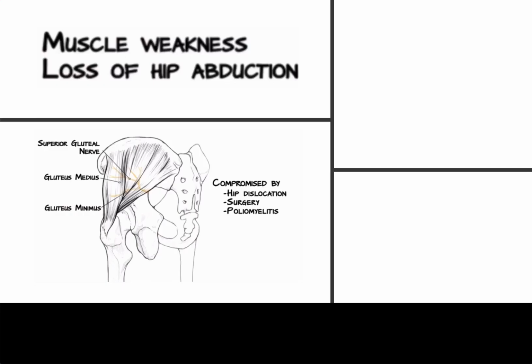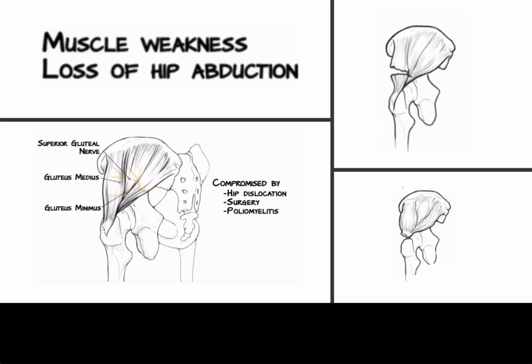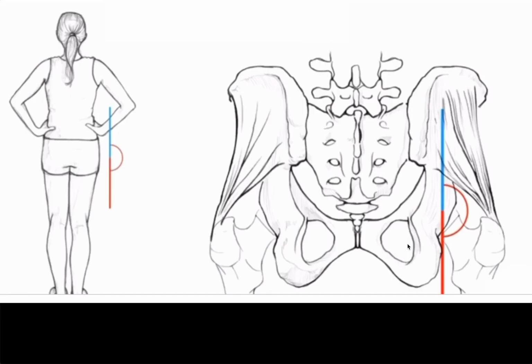Now, it could be there is a partial tear due to trauma, or there is a complete disruption. You can see that partial tear, and you can see that complete disruption from the distal attachment on this femur. So these are the factors. Now, look at this person.